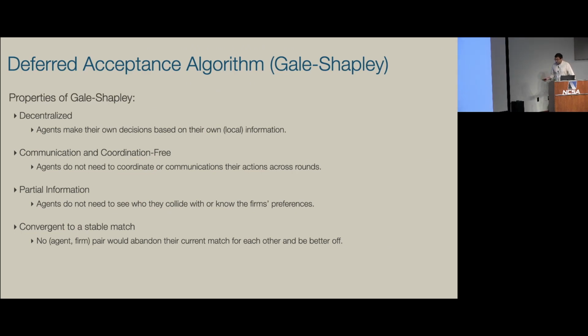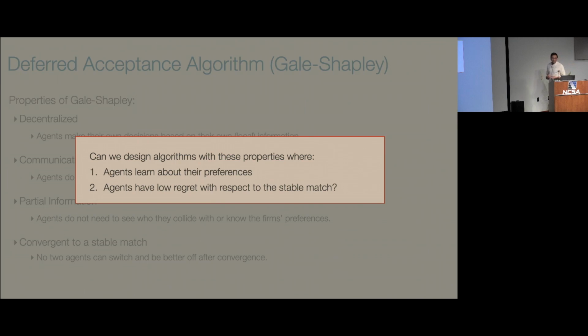It's partial information. Agents don't need to see who they collide with or know the firm's preferences at all. And despite not knowing this, it will still converge to a stable match. And that's a very, very nice property that is very hard to get out of online learning algorithms.